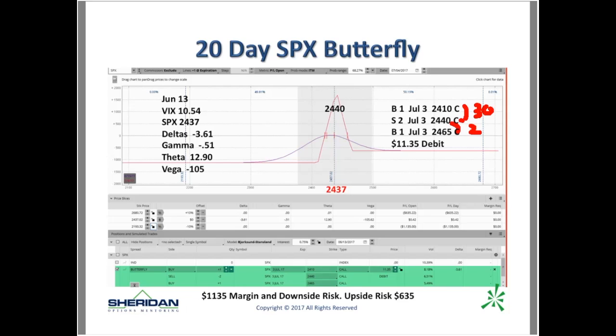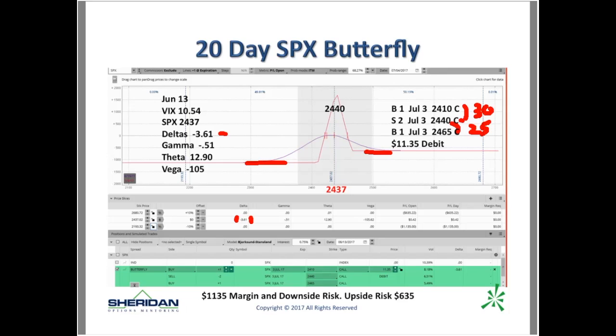So I'm 30 wide, the butterfly on the downside. I'm only 25 wide on the upside. That's why I have less risk on the upside. But the reason I do that is to get the deltas closer to zero, right? If I did a balanced butterfly, I'm going to be two short deltas, and I want to keep it kind of around a couple deltas.